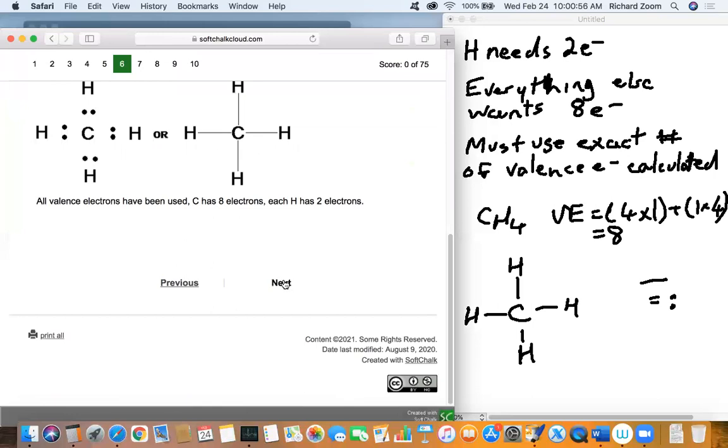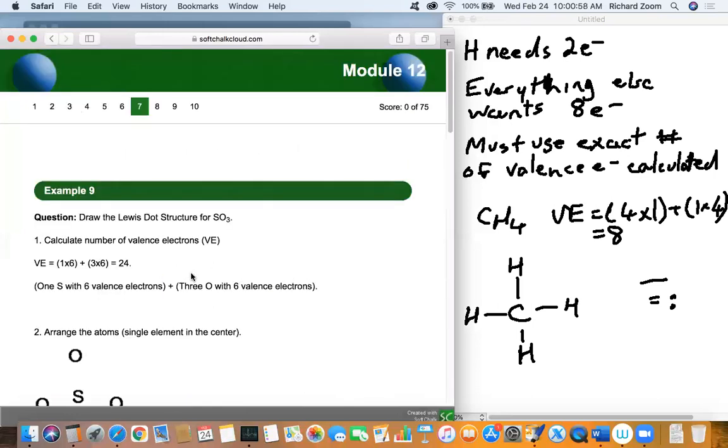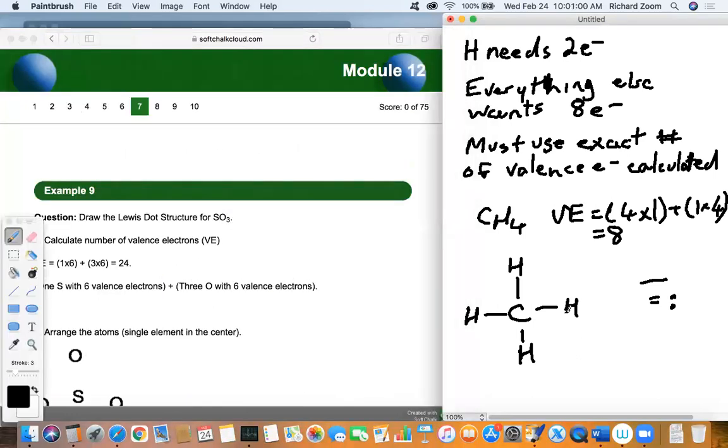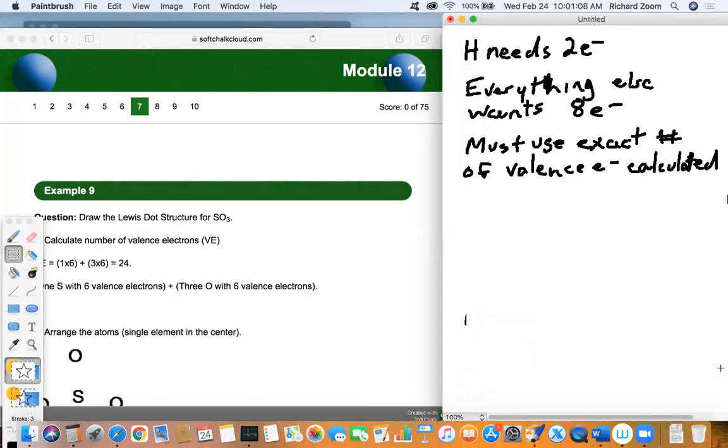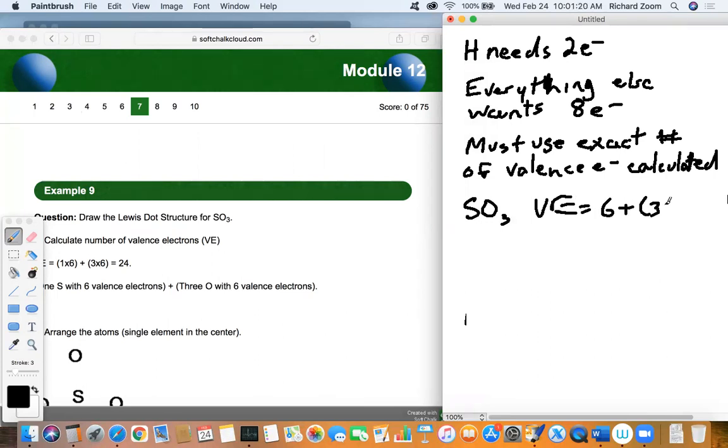So let's look at something a little bit more complicated. What about something like SO3? The number of valence electrons is equal to 6 plus 3 times 6, which is going to be equal to 24.